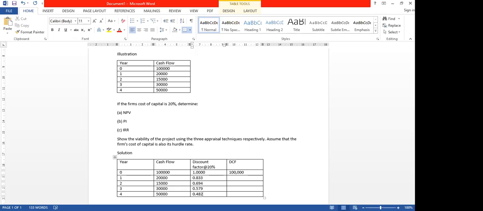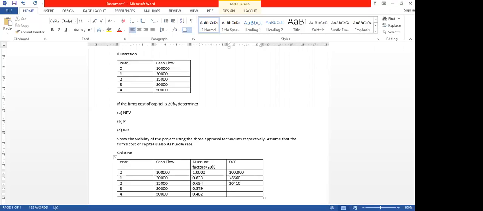Multiply 0.833 times 20,000, which is 16,660. Year 2 is 15,000 multiplied by 0.694, which is 10,410.